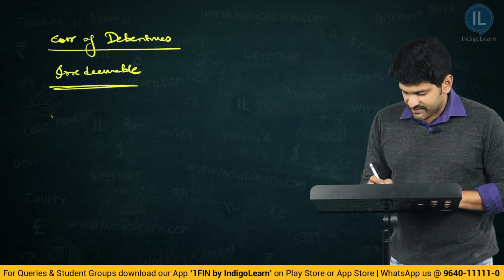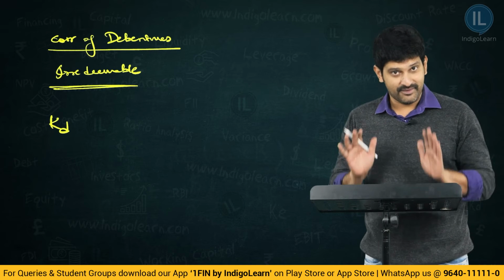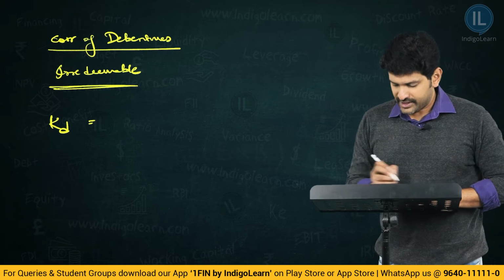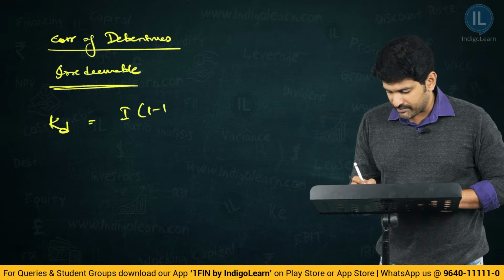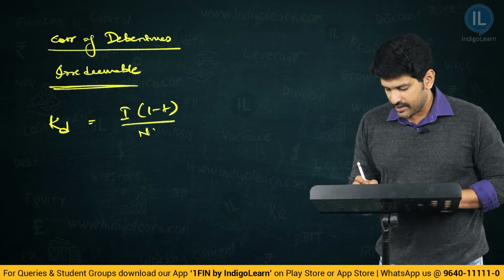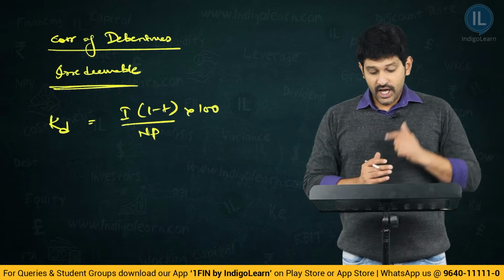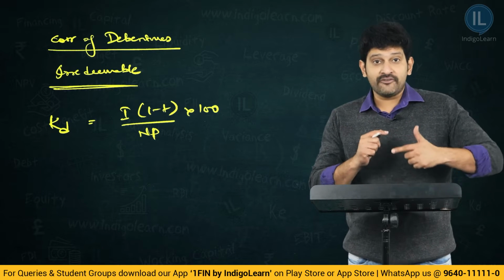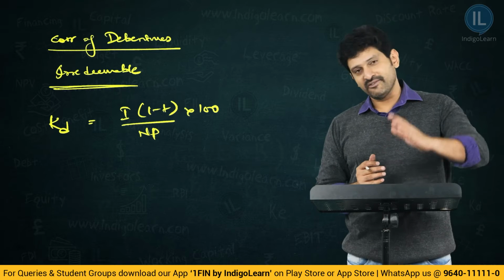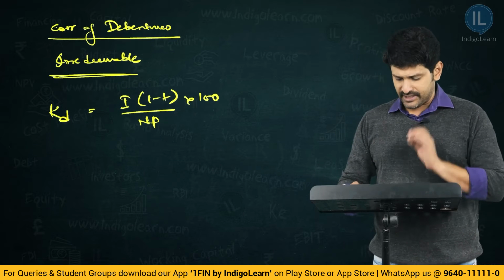Therefore, firstly we will say cost of debentures, the basic formula I am coming to again, is usually the same as what we wrote there: interest into 1 minus tax divided by net proceeds into 100. This is our basic formula. Now, from this, how do we arrive at the actual formula? Conceptually, we will move ahead. Let's take a small example.